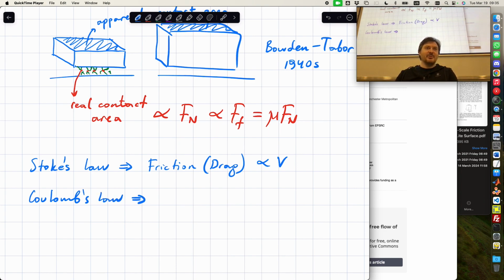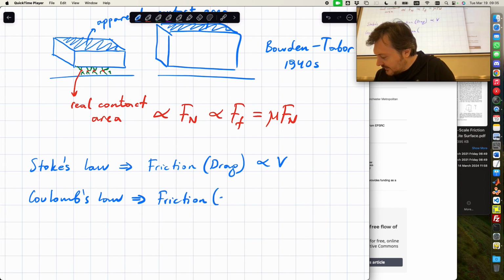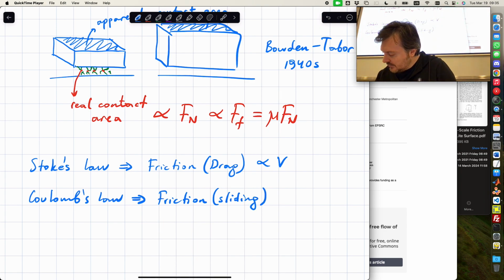It's not k q1 q2 over r squared. This one, it's this friction, but this is sliding friction, okay? Sliding friction is independent of velocity.